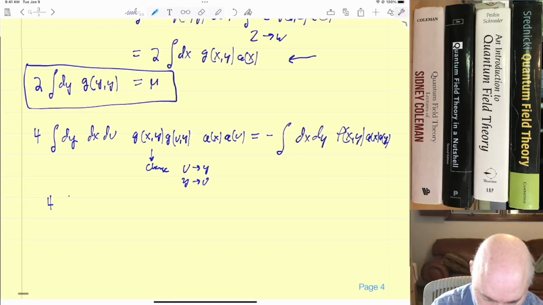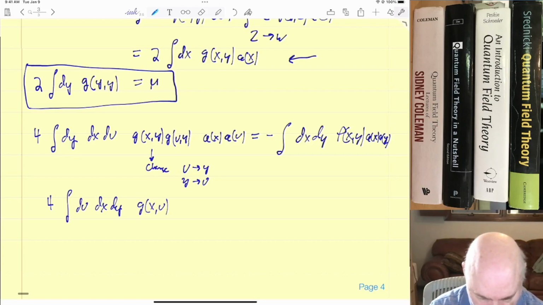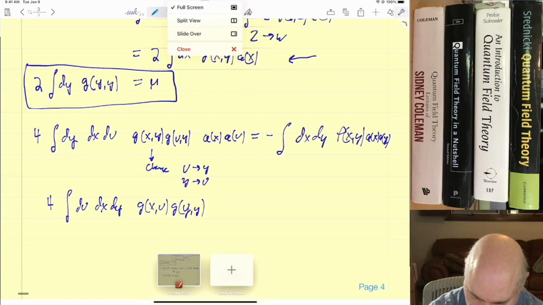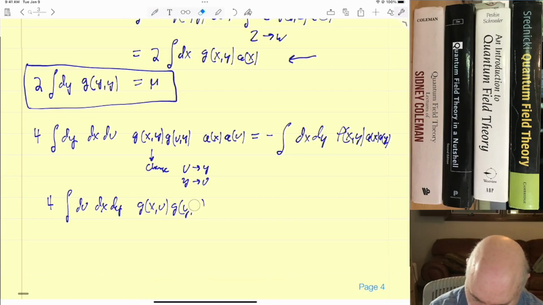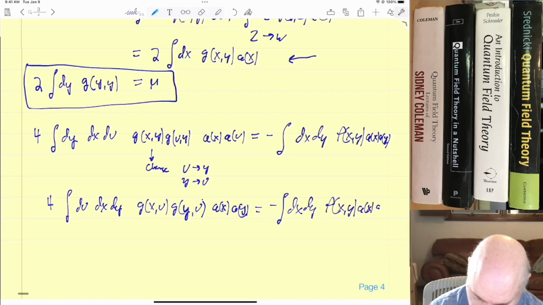So we end up getting 4 times the integral of du dx dy g of x comma u, g of y comma u, a of x a of y, is equal to minus the integral of dx dy f of x comma y a of x a of y.